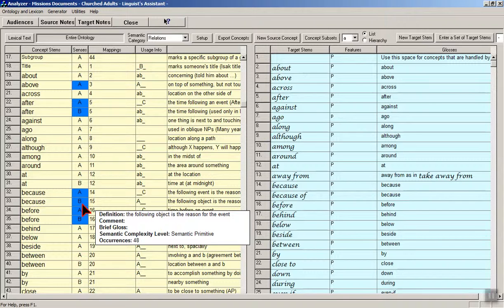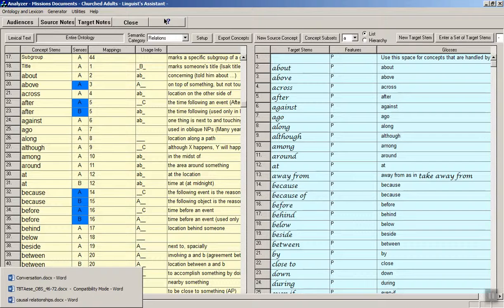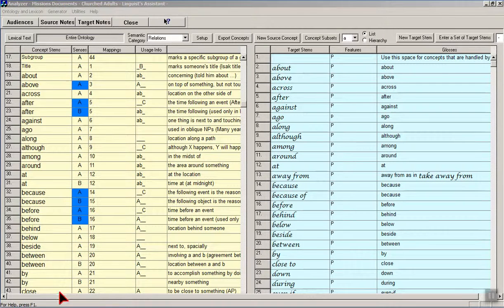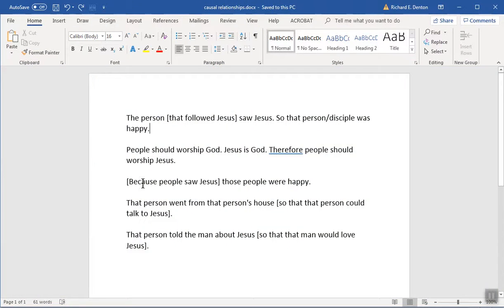There, because introduces a noun, Jesus, because of Jesus. So, to illustrate that, we could say, because people saw Jesus, those people were happy.